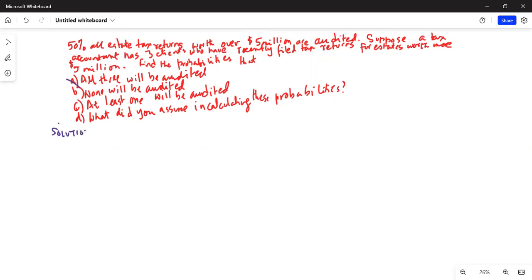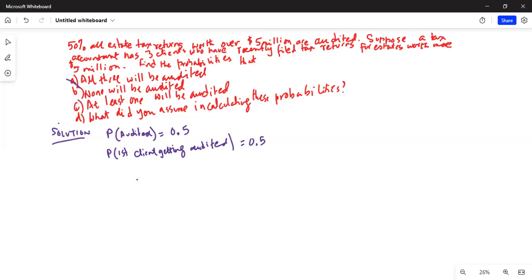Solution. First, set the probability of getting audited. Audited is 50% for estates worth more than 5 million. So the probability of the first client getting audited is equal to 0.5.